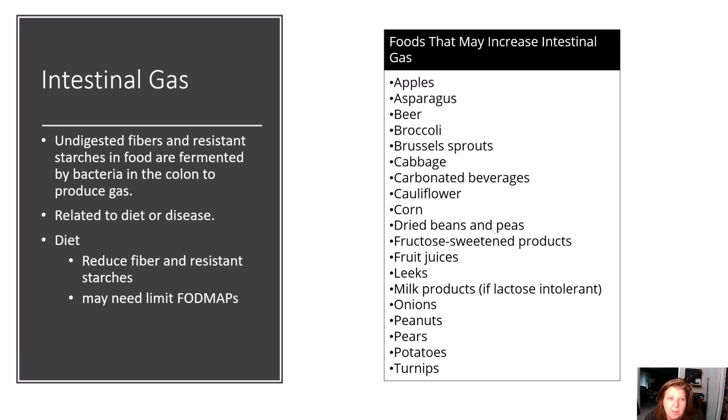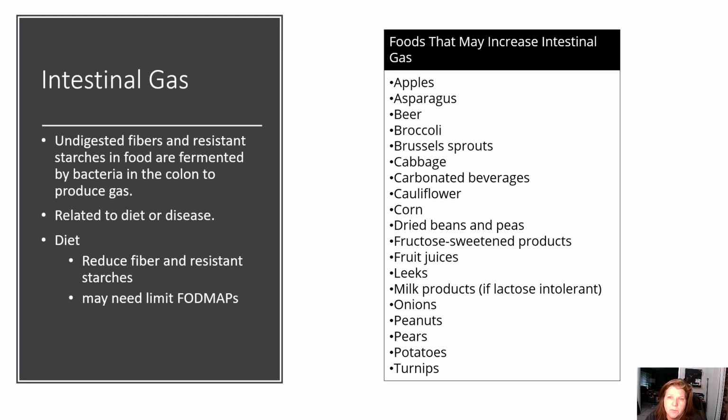The next symptom is gastrointestinal gas. Of course, we've talked about this a little bit here and there because it does tend to happen when we eat foods that are high in fiber, because the bacteria feed off of the undigested fibers and resistant starches, and they produce gas. It also can be related to disease state in addition to your diet.